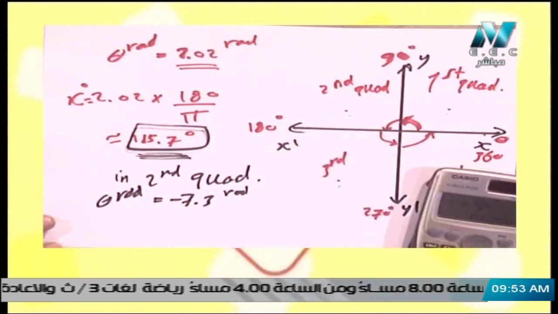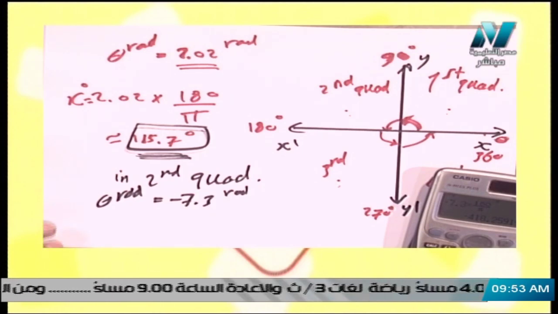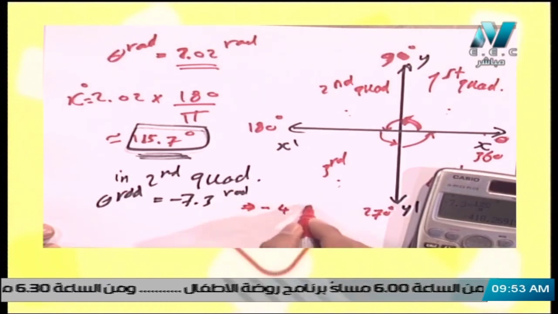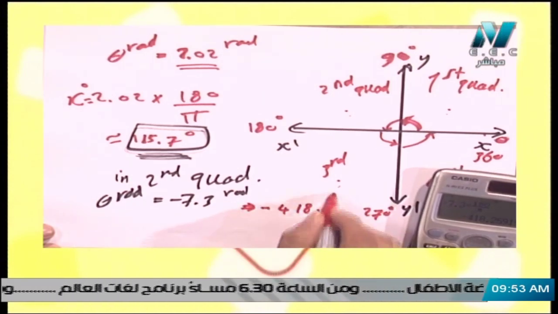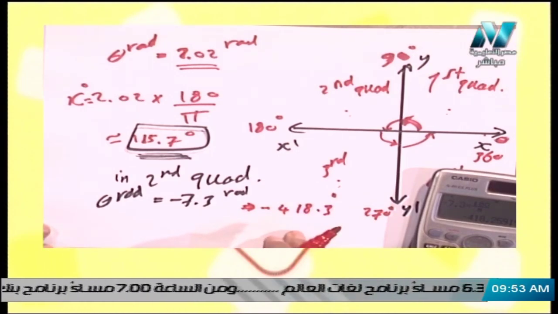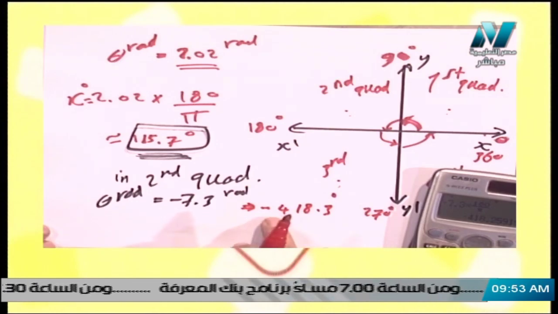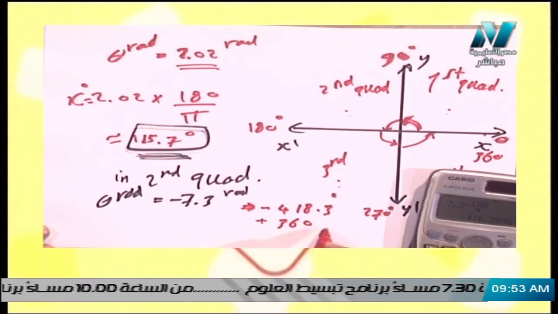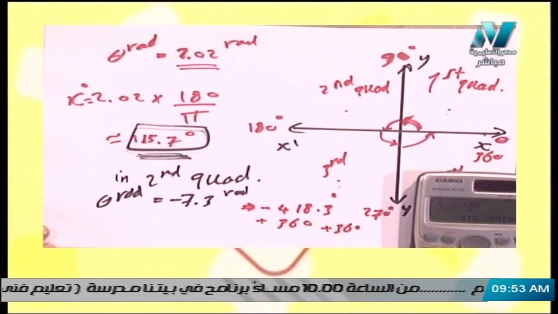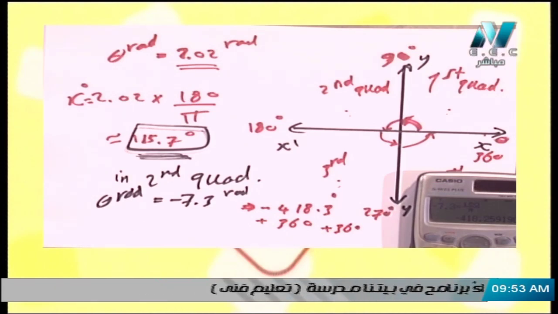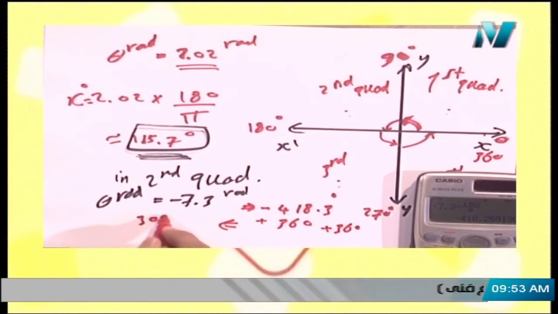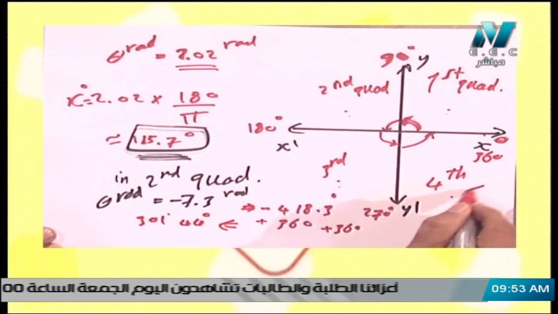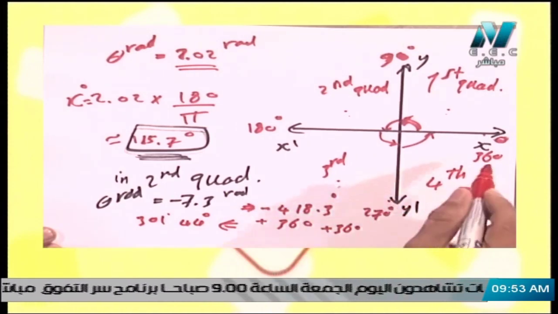It's approximately negative 418.3 degrees. We have a problem here because it's negative. Just add 360, it will be negative also. Add another 360, and the answer will be 301.44 degrees, which lies in the fourth quadrant, because it's between 270 and 360.